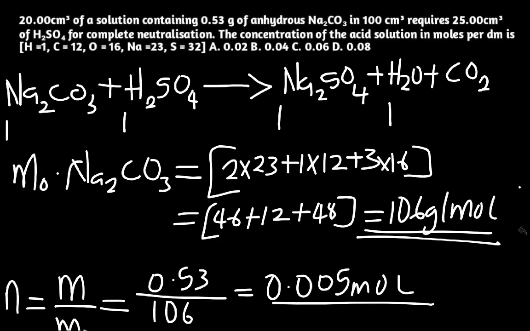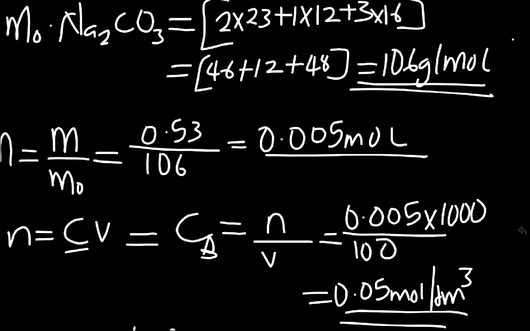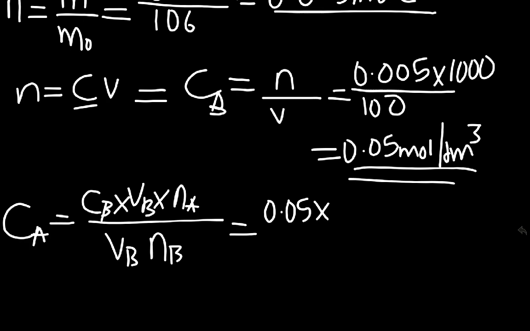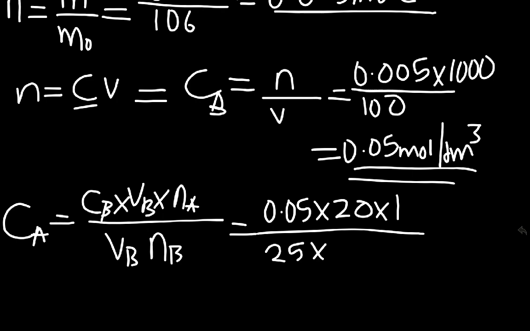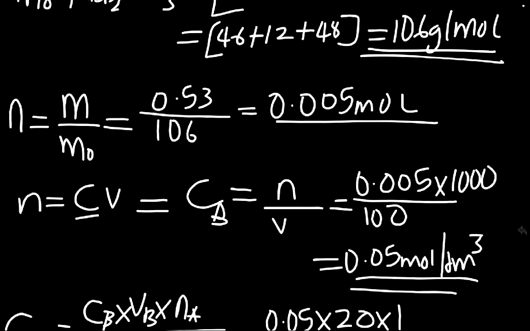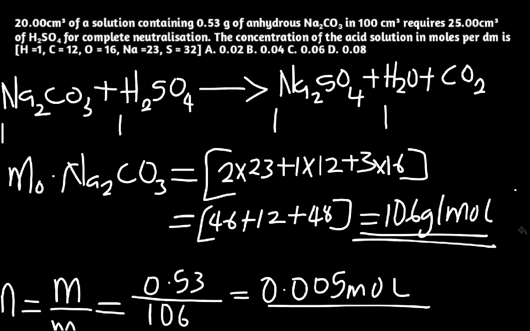So this would be 0.05 times 20 times the number of moles, 1, over the volume of our acid. Let's go back to our question to check the volume of the acid.